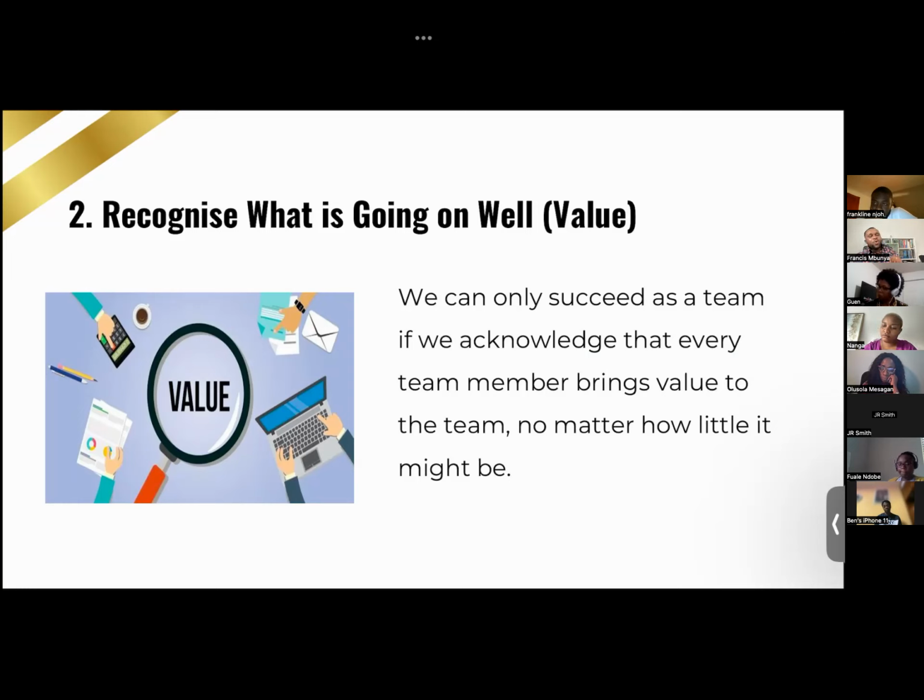There are people who will deliberately maybe not do something, but if they do it once and you appreciate their value, you realize that they constantly do it over and over and over again. The reason some people don't even do stuff is because no one has ever taken the time to appreciate them and tell them how meaningful that is. So recognize value.